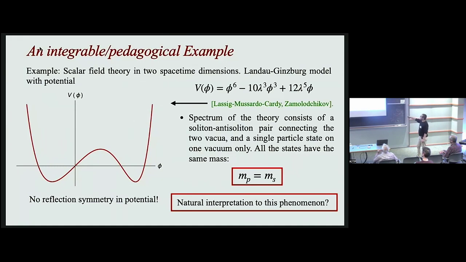But more importantly, there is a single particle on one vacuum only, on one of the potential. And interestingly, the exact solution shows that the particle and the soliton have the same masses. So the question that I would like to raise is, can we have a natural interpretation of this phenomenon? Could we have predicted that this would have happened without having to actually solve the full system?